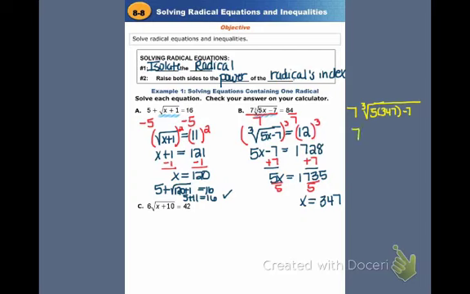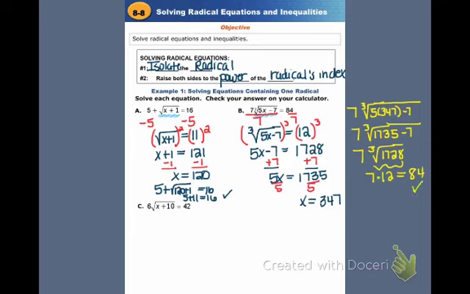So that's 7 times the cube root of 1735 minus 7, which is 7 times the cube root of 1728, and the cube root of 1728 is 12, and 12 times 7 is 84, so it checks.